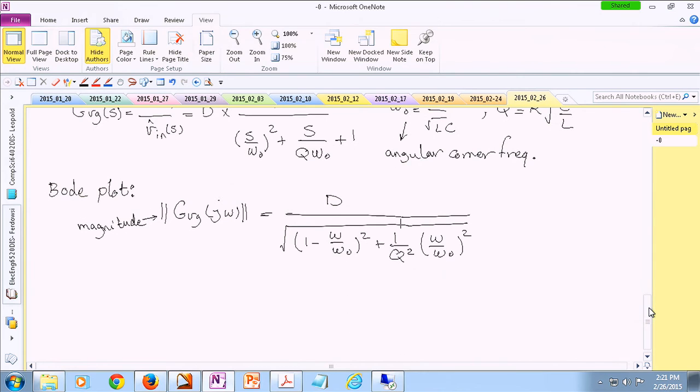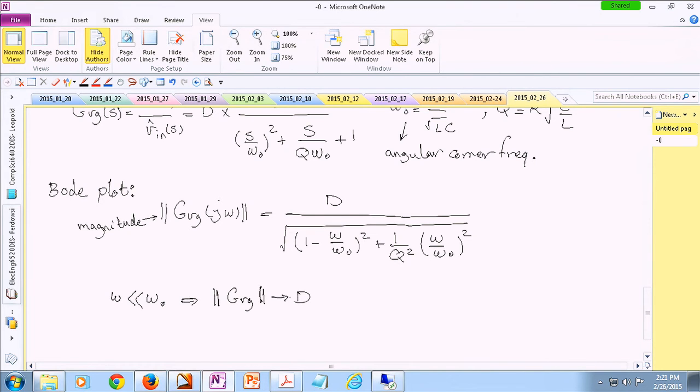Okay, so several observations here. Usually we go to the extremes. What if omega is too small? What if omega is too large? For instance, omega is your variable, which is your angular frequency. If we are way on the left-hand side of the corner frequency, then this transfer function has an asymptote of d.